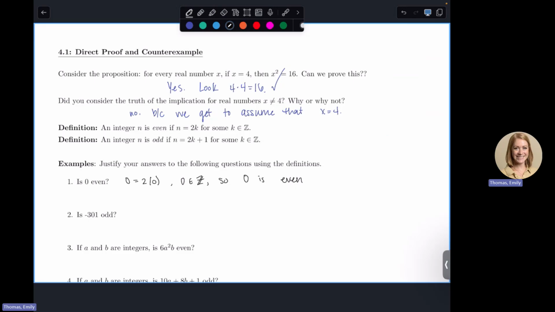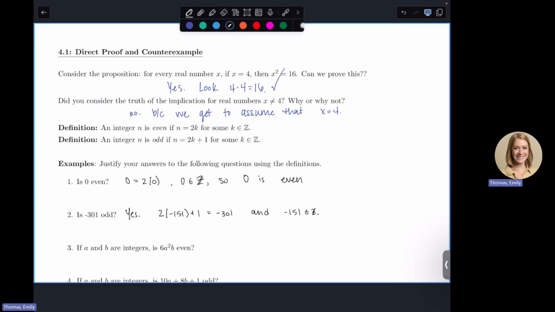Okay. How about negative 301? Is that odd? And then you need to justify it for me. Yes. Yeah, and negative 151 is in fact an integer, so we're good to go.